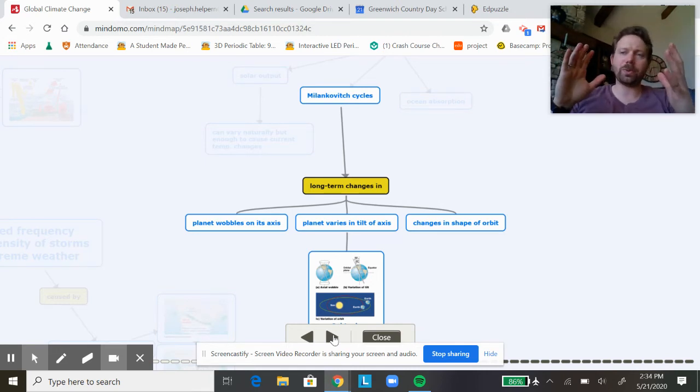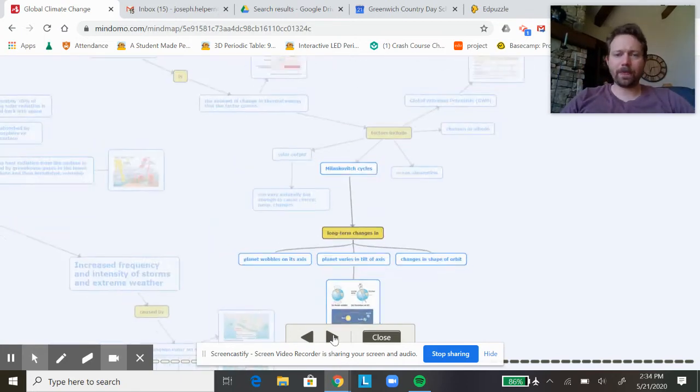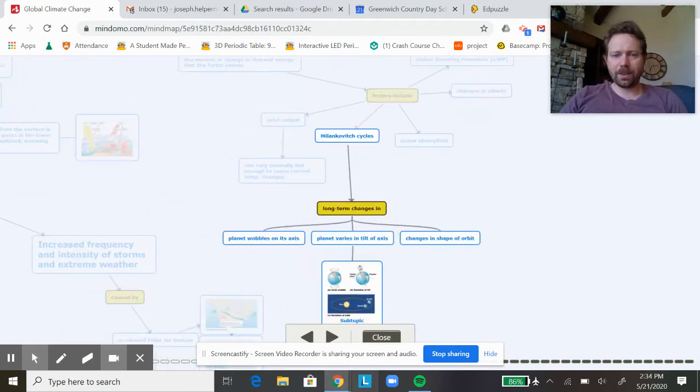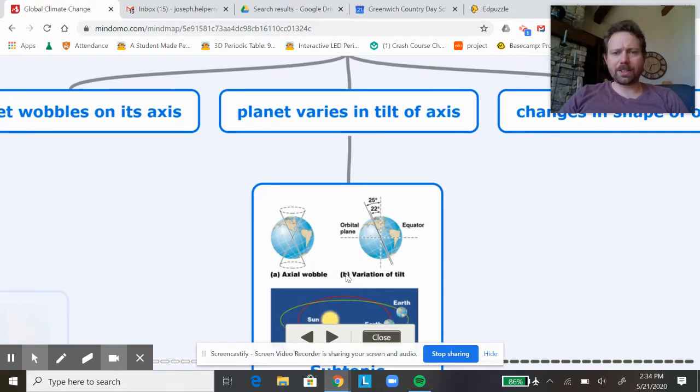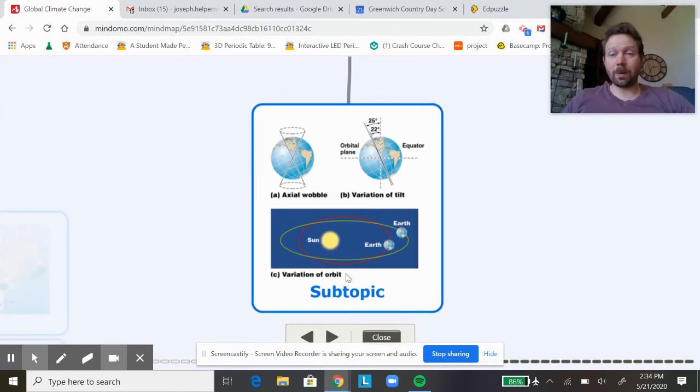So instead of being 23.5 degrees, it's a little bit less or a little bit more. It can actually go down to 22 and up to 25 degrees. And then there are also slight variations in the orbit of the Earth around the sun.